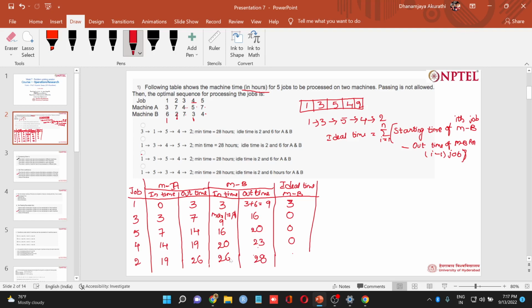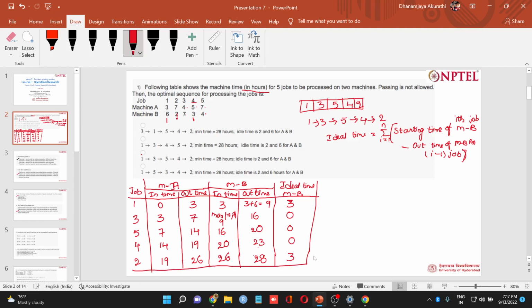And here the difference is that mission B has waited 3 hours. Its out time is 23 hours, but its in time is 26 hours, so it has waited 3 hours to process job 2.